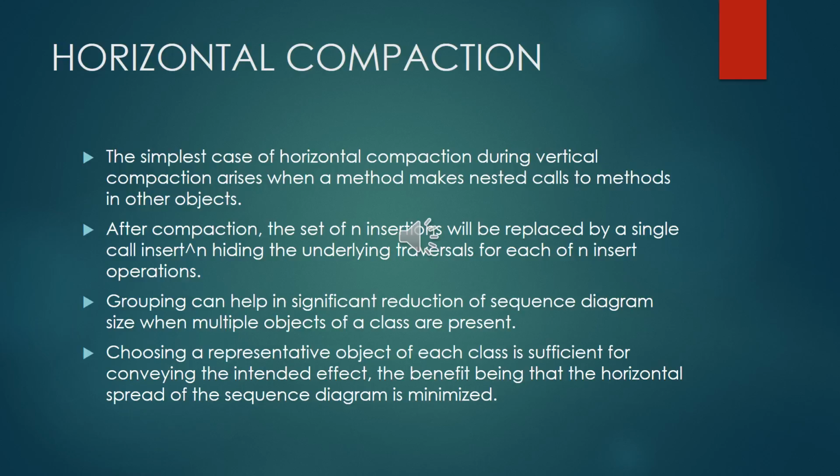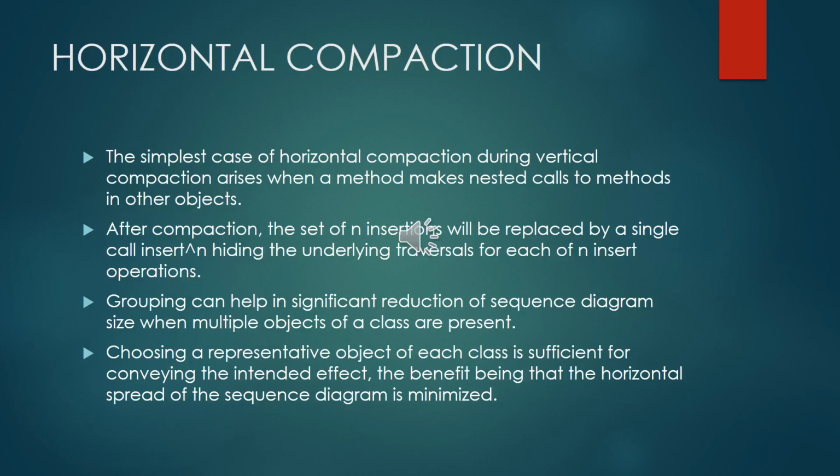Coming to horizontal compaction, the simplest case of horizontal compaction during vertical compaction arises when a method makes nested calls to methods in other objects. After compaction, the set of insertions will be replaced by a single call insert, hiding the underlying traversals for each of the n insert operations.